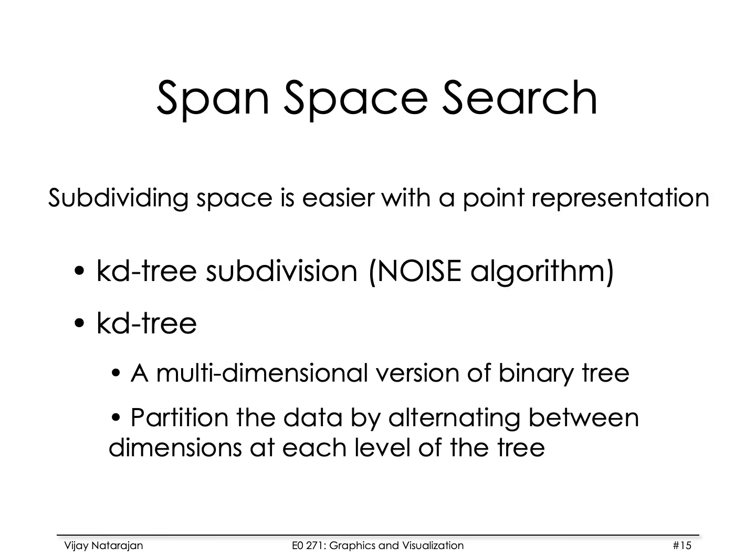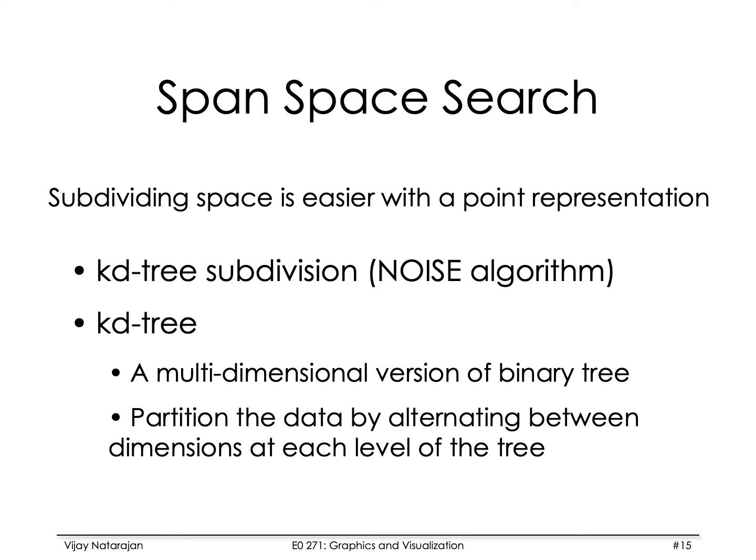The key insight is that subdividing space, such as the plane, is easier because of this point representation, as compared to subdividing the set of all intervals. So this is the idea behind the NOISE algorithm.